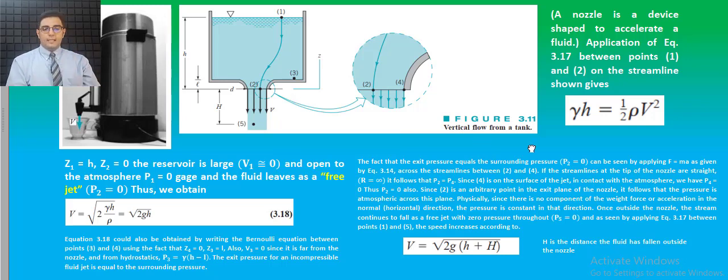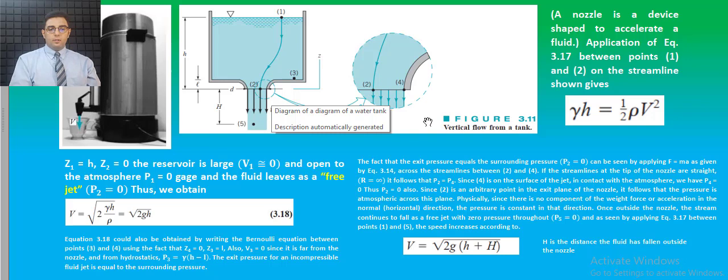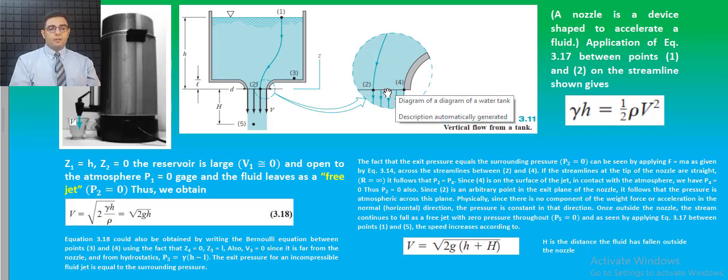Another thing is that we can identify the situation between point 2 and 4. As long as point 2 and 4 are in the same line, the pressure is not really considerable, since we are having the radius equal to infinity.